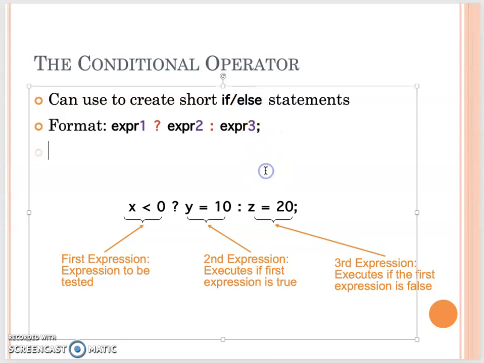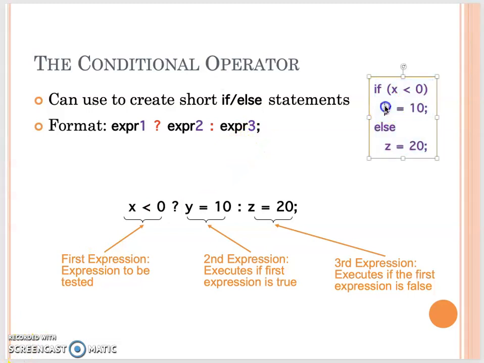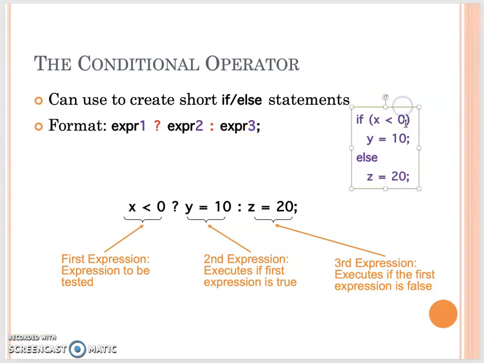That's why we can use the conditional operator to replace the if-else statement. For example, we see this if-else statement: if x less than 0, we assign y equal to 10. Otherwise, we assign z equal to 20. This can be converted into a conditional operator.